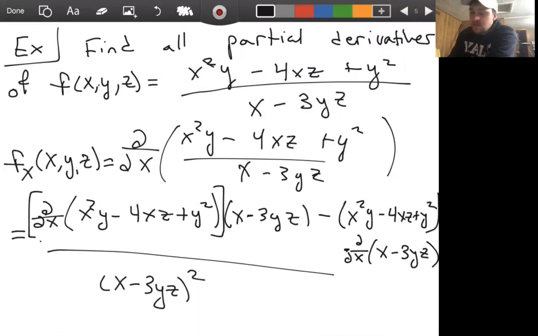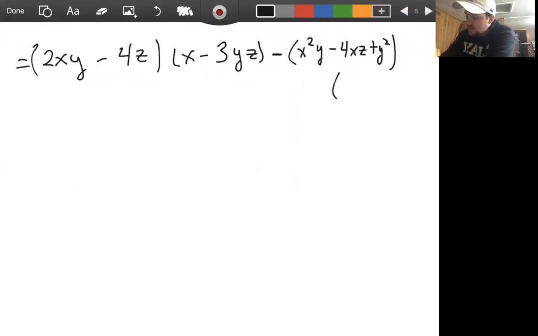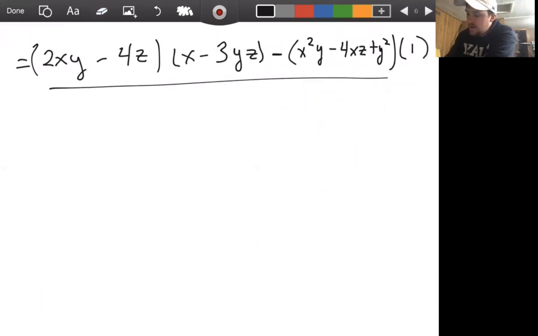Well, the derivative of x with respect to x is 1, and then we have the derivative with respect to x of negative 3yz. y and z are both constant, so that whole term is a constant, which means its derivative is 0. So this derivative was just 1, so times 1. And then all over the denominator squared, so (x minus 3yz) squared.